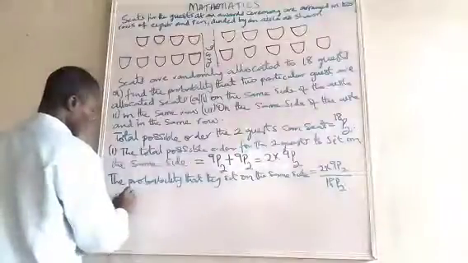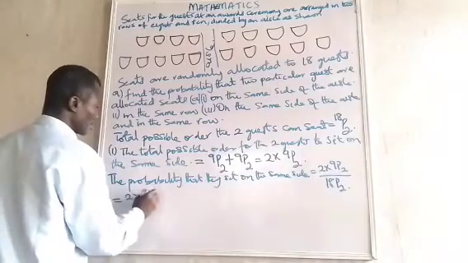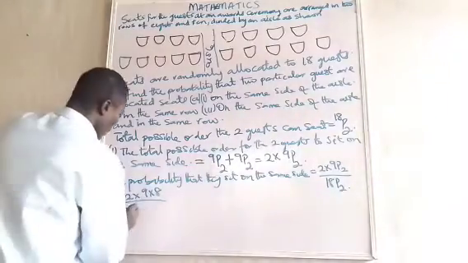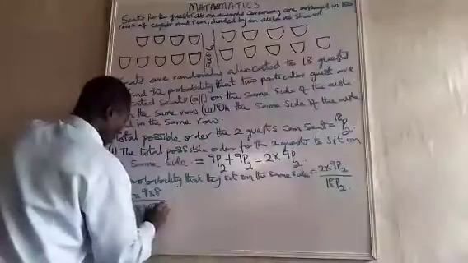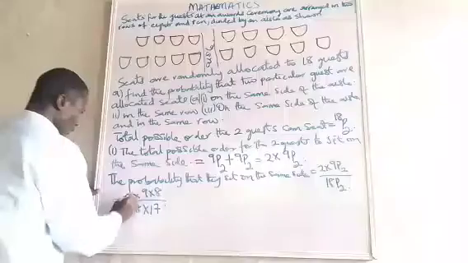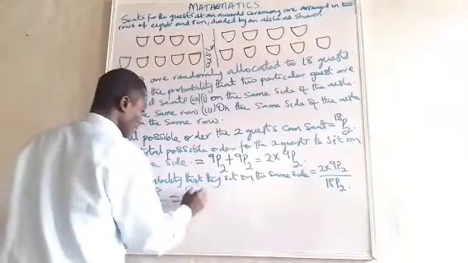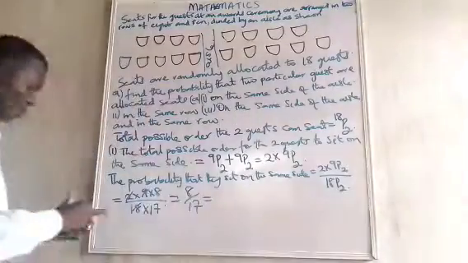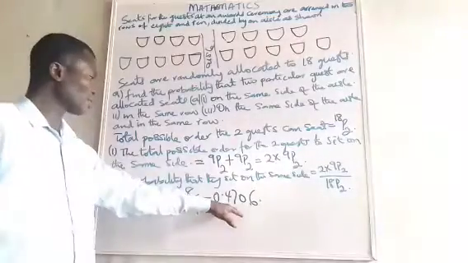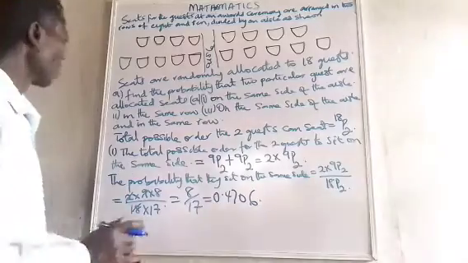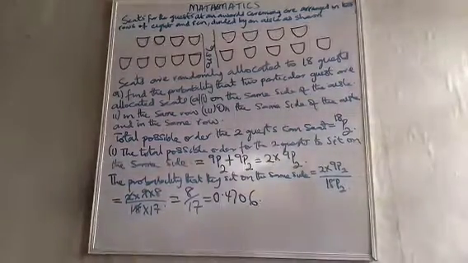And by the time you look at it, it's going to be 2 times 9 times 8 divided by 18 times 17. So that's going to give us 8 over 17, or, let me see, I got 0.4706. Now let's check the other one.